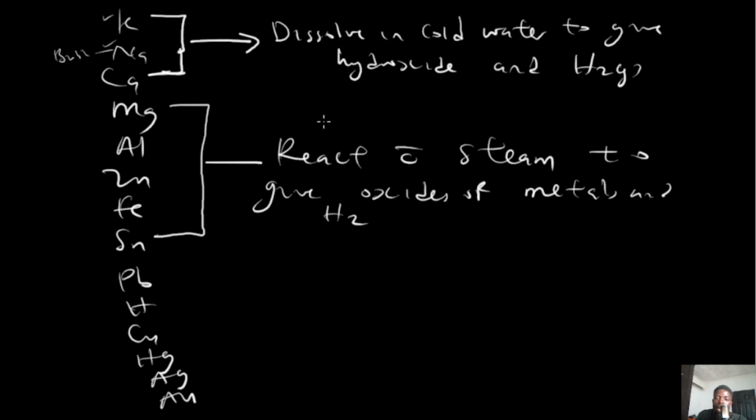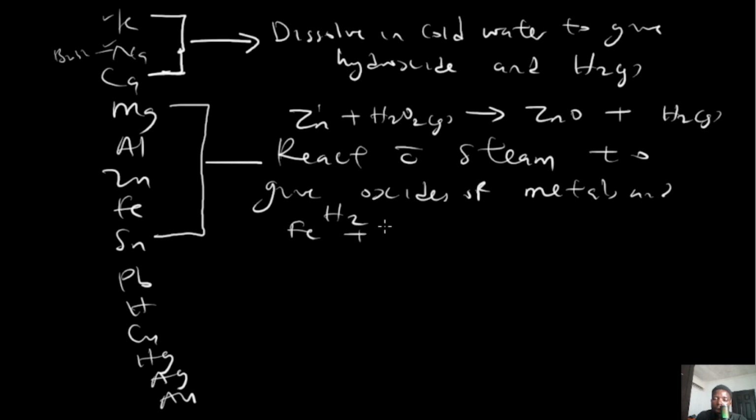So if we consider, let's say, zinc plus steam, what it is going to give is ZnO plus hydrogen gas. If it is iron, we are considering Fe plus steam. What we are going to get is Fe3O4 plus H2 gas. Balancing out, this is 3, this is 4, this is 4.